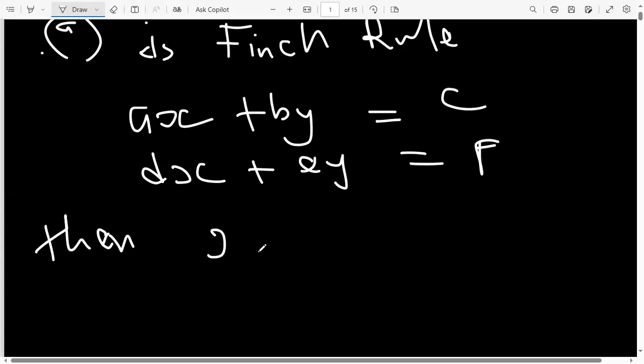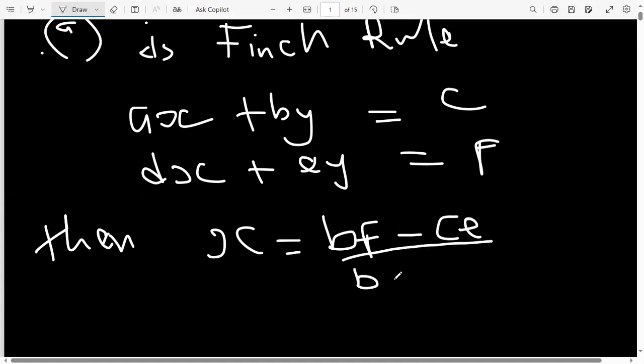So x will be equal to bf minus ce, divided by bd minus ae. These a, b, c, e and so on are just coefficients. Whatever number is there, you just get it and put it there.